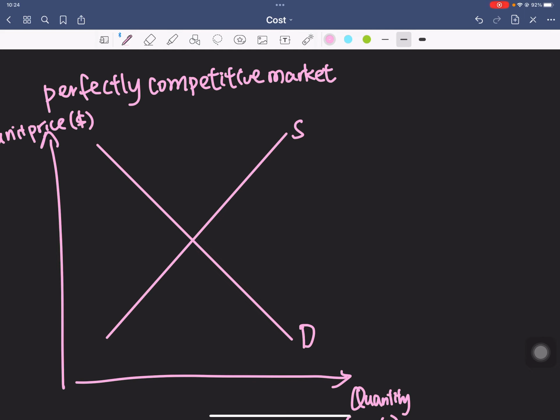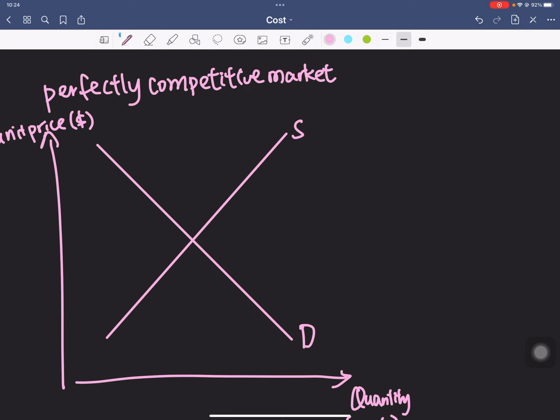When we talk about the profit maximizing output level of the firm, we are discussing this under the scenario that it is a perfectly competitive market. You may have noticed from the textbook that we have learned about some features of the perfectly competitive market, where there are many buyers and sellers, the sellers can freely enter and exit the market, and the products sold by all sellers are homogeneous.